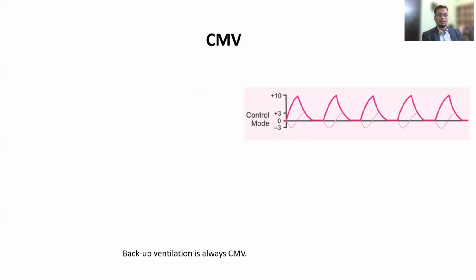Now we will understand the CMV mode, that is continuous mandatory ventilation, which is the mode of mechanical ventilation in which the breaths are delivered based on preset variables. The breaths are purely mechanical or machine breaths, which are time triggered. Here the breaths are started at a set interval, which is determined by your respiratory rate and I:E ratio. They are volume or pressure limited.